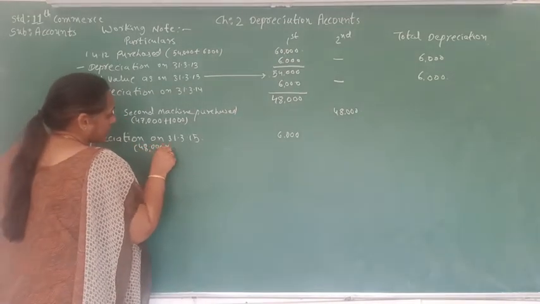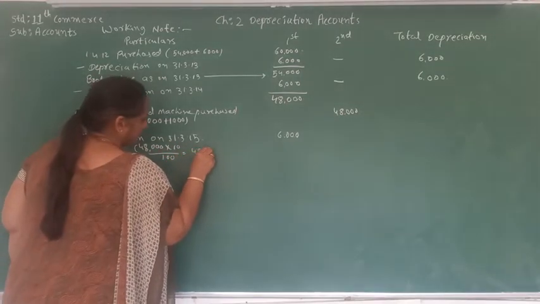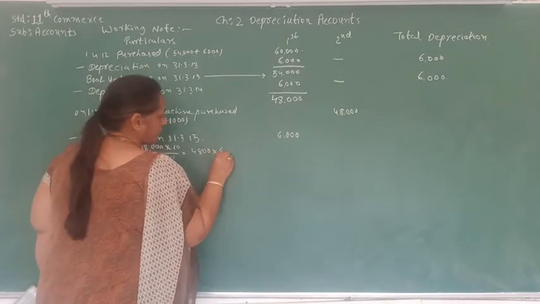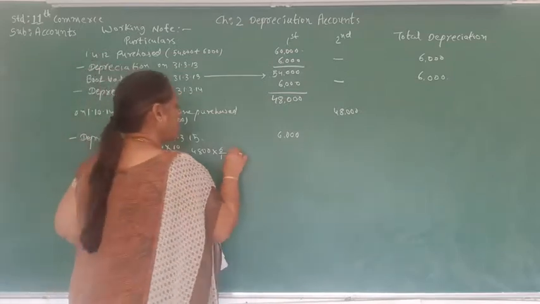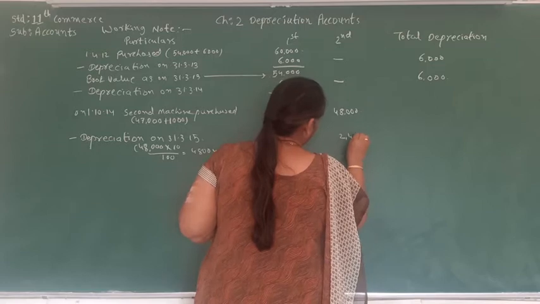So 48,000 at the rate of 10% for 6 months only, so into 6 divided by 12. So this will be 2,400.